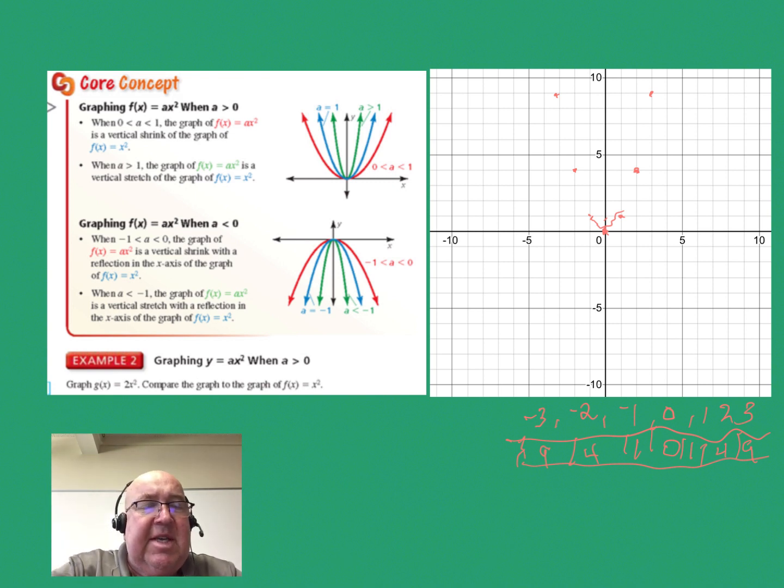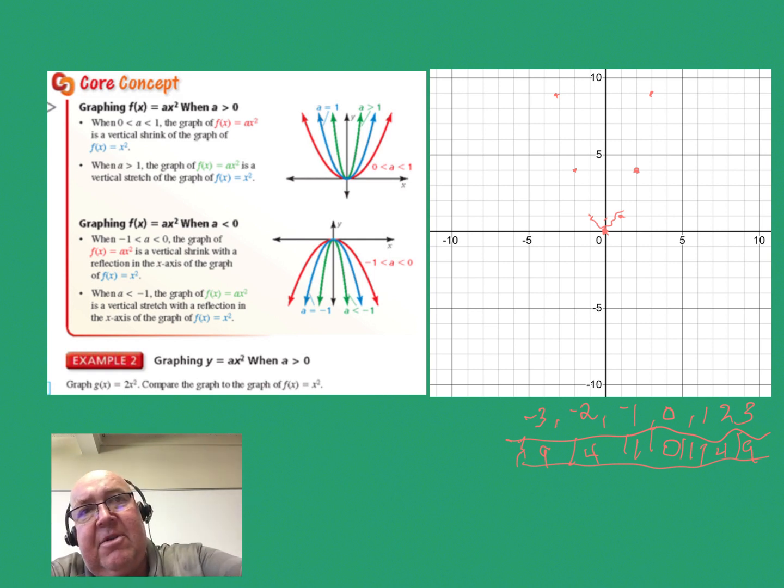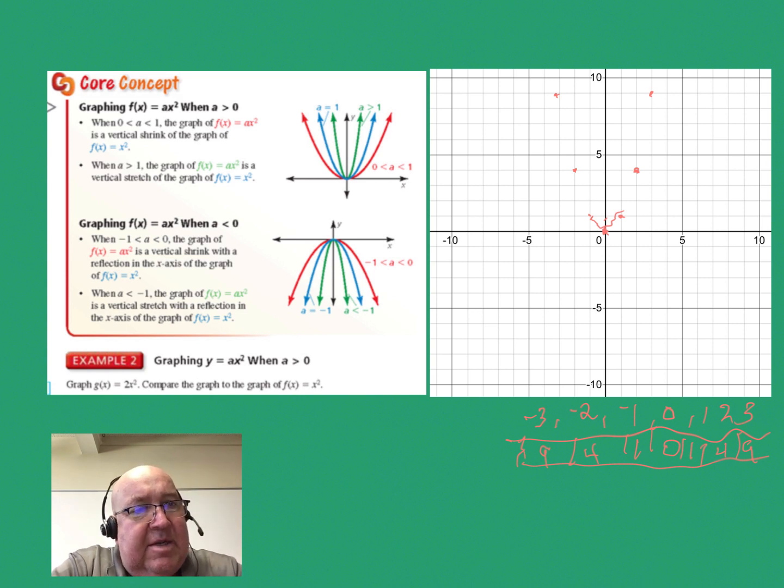We're just going to take those last values and multiply them by 2 to find the other graph that it's showing. So negative 3 is going to be 18, negative 2 is going to be 8, negative 1 is going to be 2, 0 is still going to be 0, 2, 8, and 18.